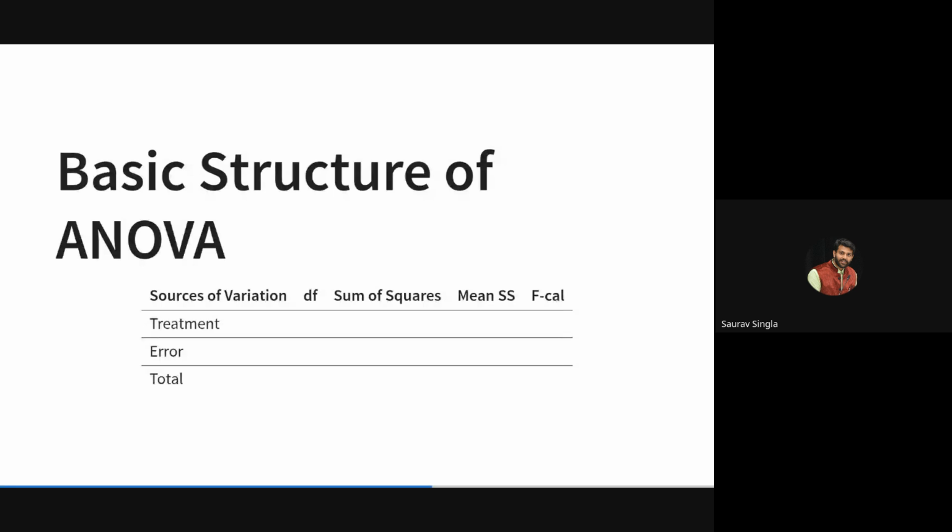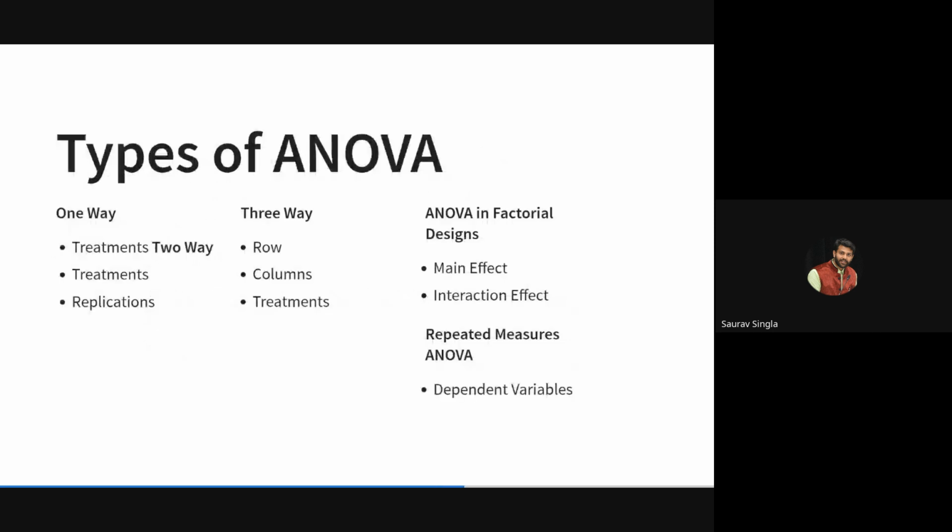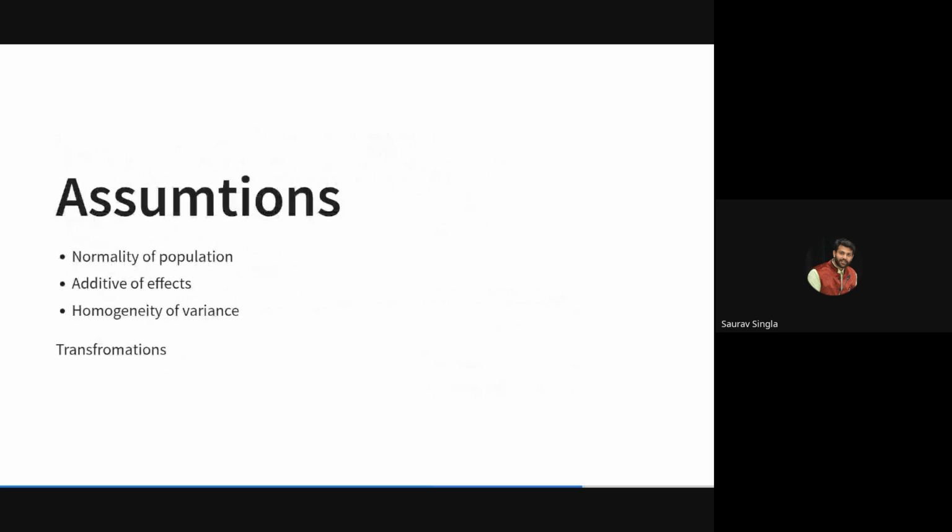But what we are doing, we are taking the total of the sum of squares of the treatment and the sum of squares of the error. We are taking in total. Also, this is not only for treatment and error. We also want to say that treatment effects are additive.